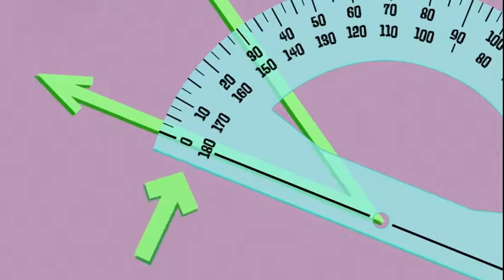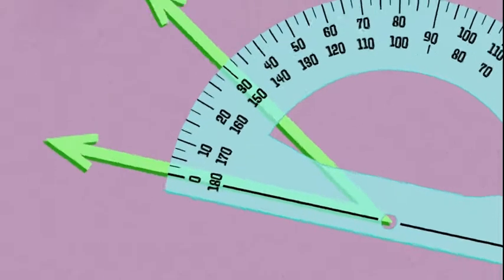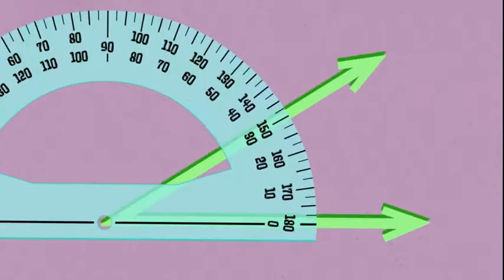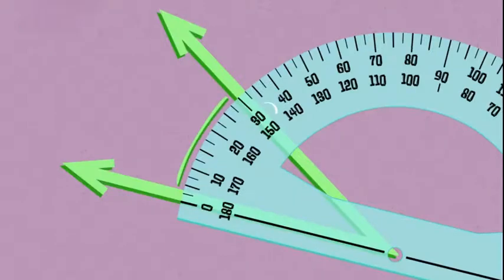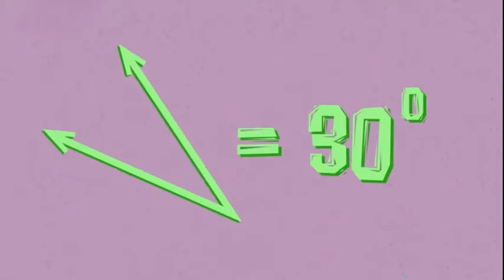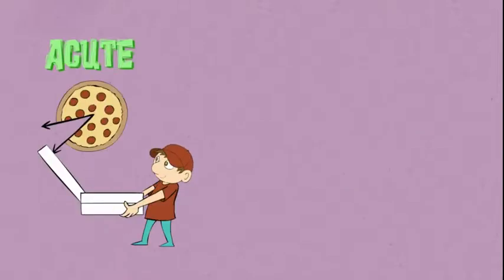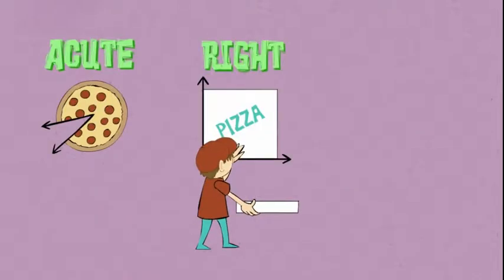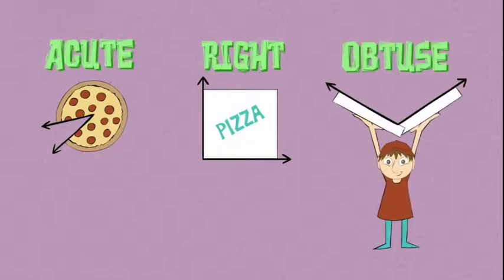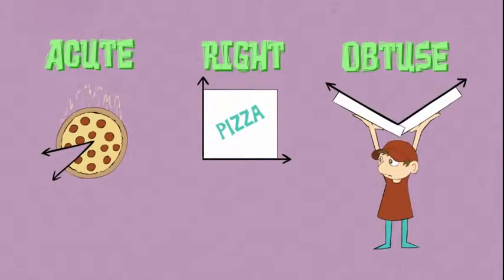Line up one ray at 0 on the protractor. Count up to where the other ray points at the number. That will be the angle's measure.